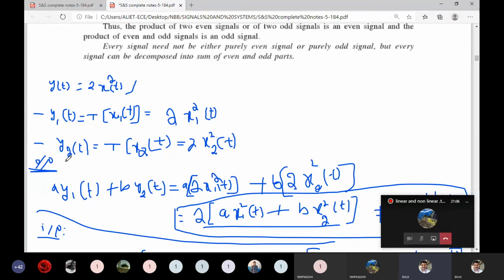Second system, y2 of t equals the transformation of x2 of t, that is 2 times x2 square of t. And for the output weighted sum, first term is multiplied by a, second term by b. All these are output equations, y1 of t and y2 of t: a into y1 of t plus b into y2 of t.